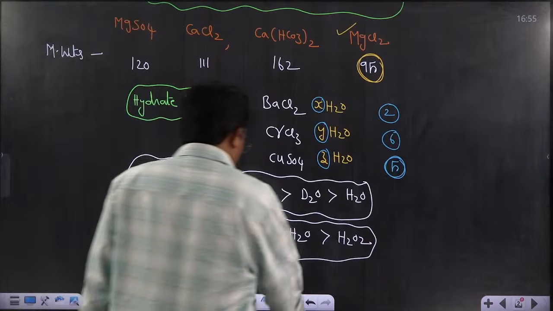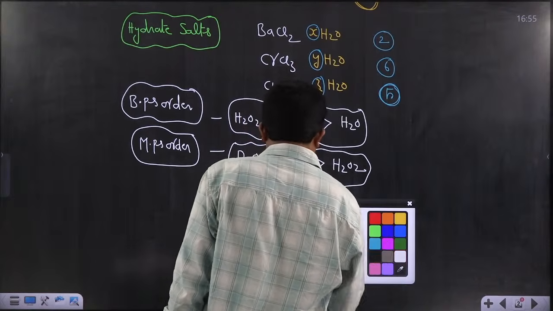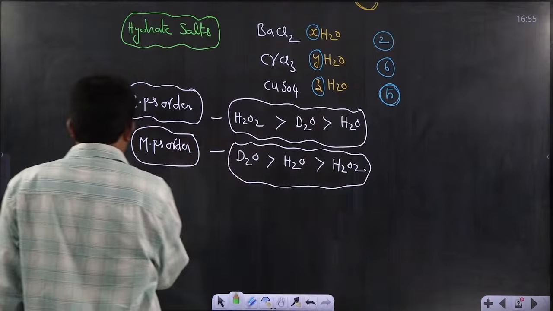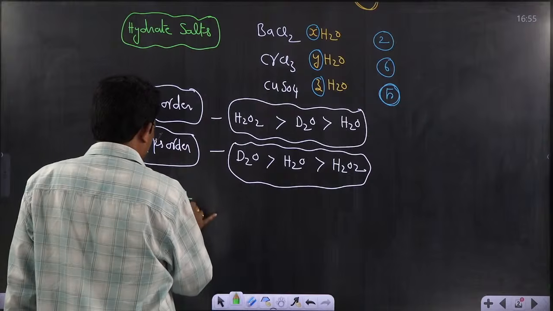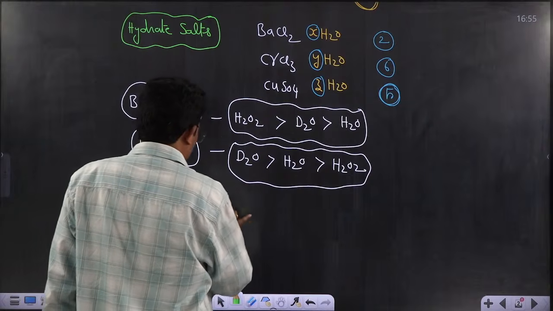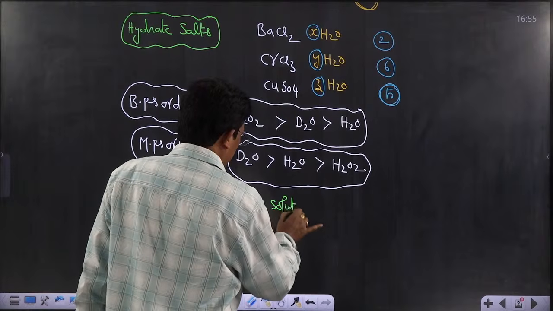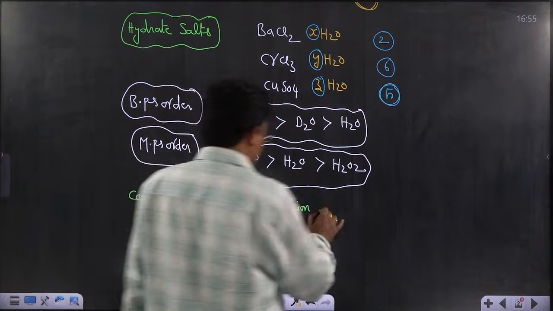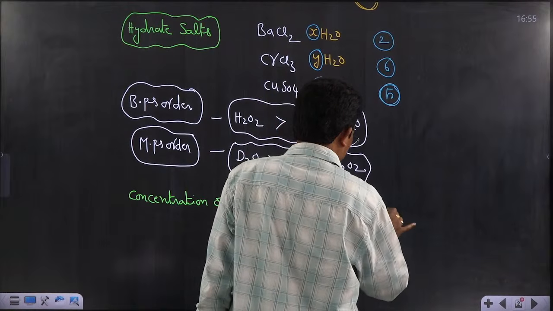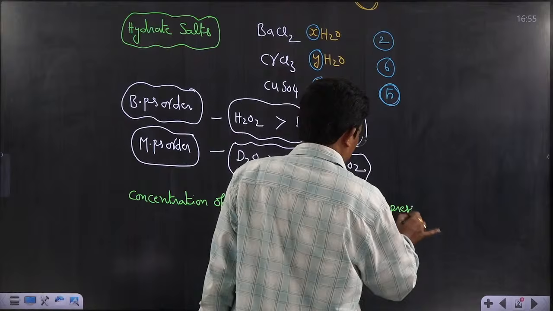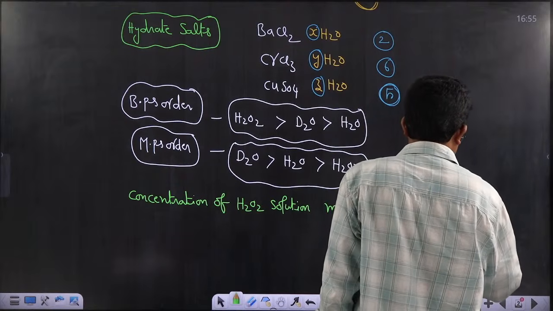Last one. What about the concentration of hydrogen peroxide? The concentration of H2O2 solution is mainly expressed in the following four scales.